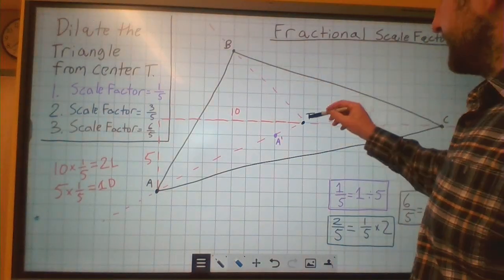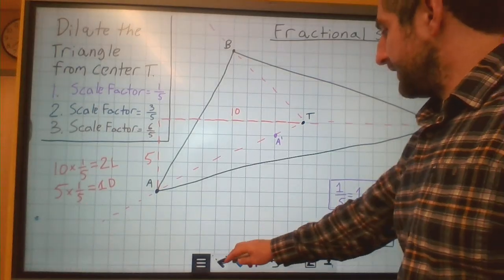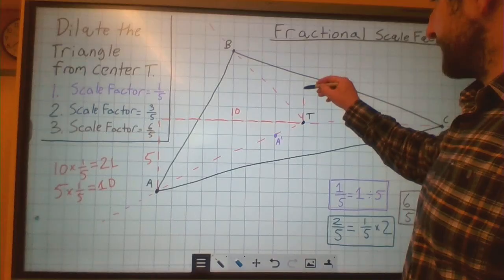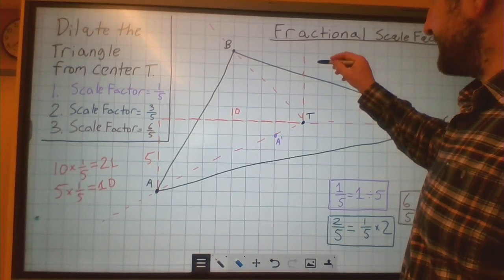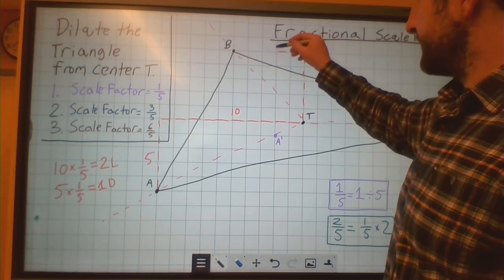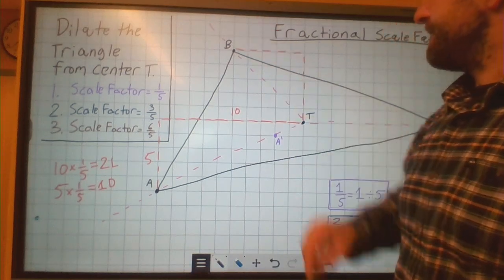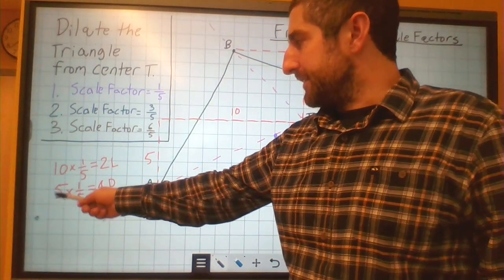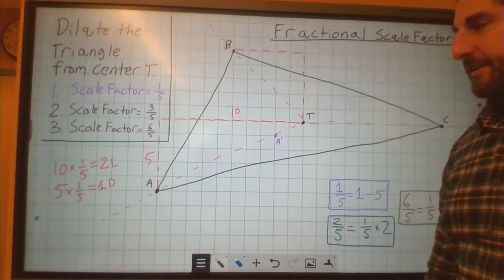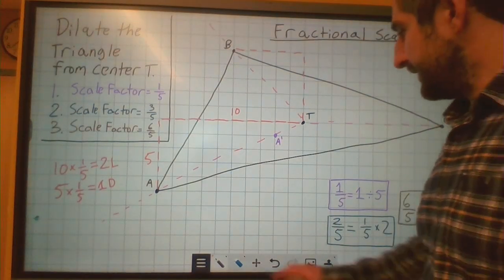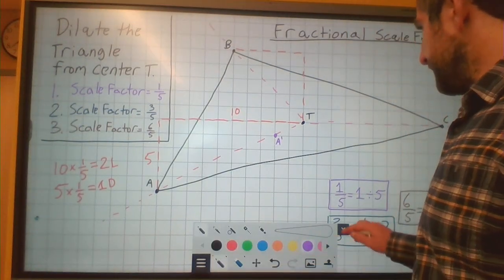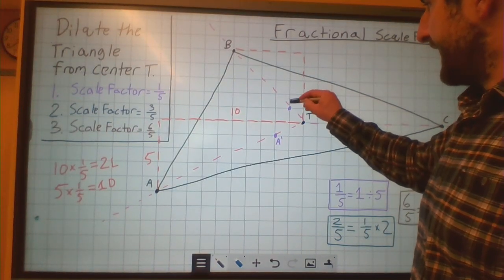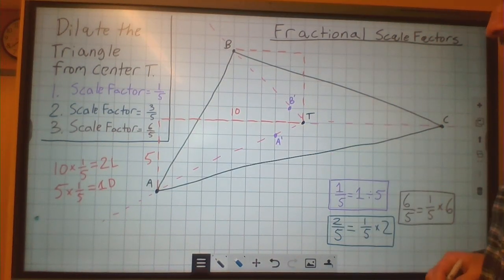For B, we're starting out with 1, 2, 3, 4, 5 up. 1, 2, 3, 4, 5 to the left. As we just did with the math, 5 times 1/5 is 1. So we are going to just do 1 up and 1 to the left to get B prime.